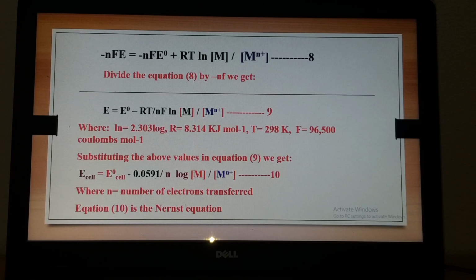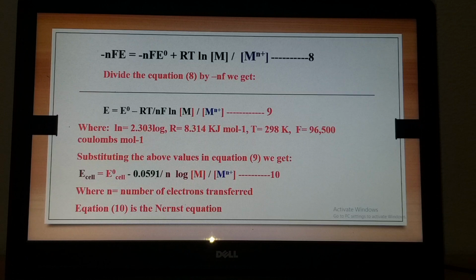We get the equation E is equal to E naught minus RT by nF ln M by M n+. Substitute the values of R, T, F and ln. We get E cell is equal to E naught cell minus 0.0591 by n log M by M n+. And this equation is called the Nernst equation.